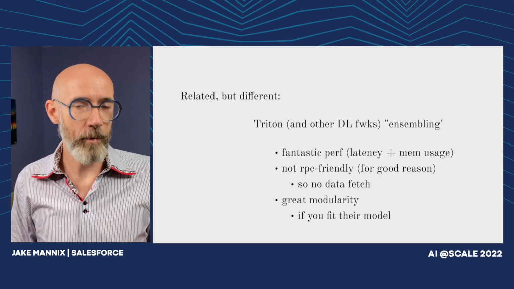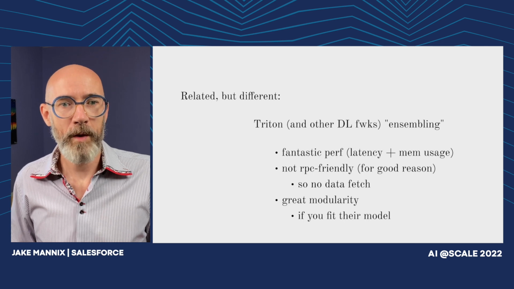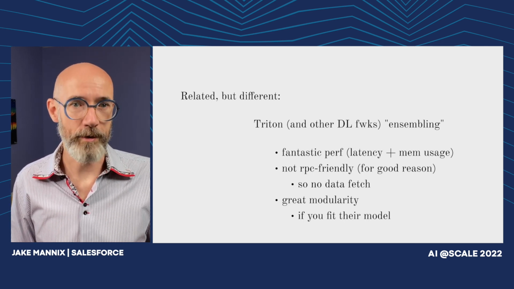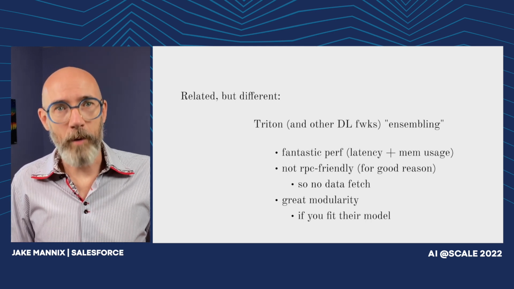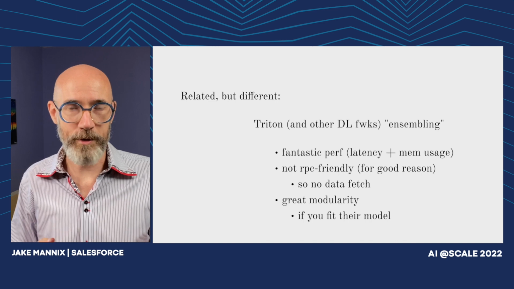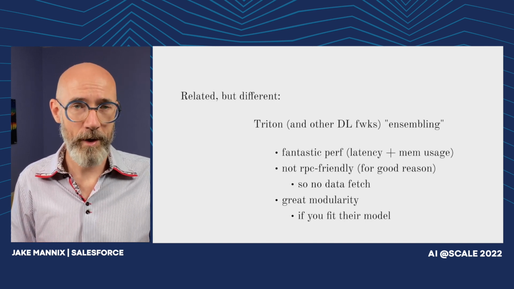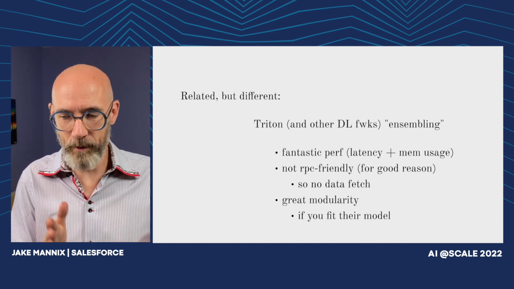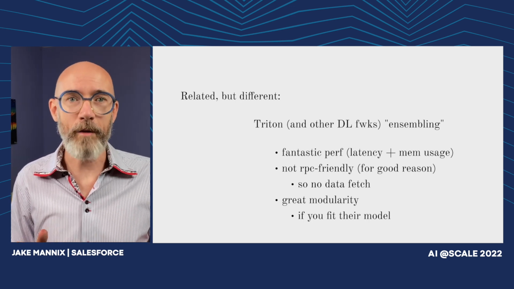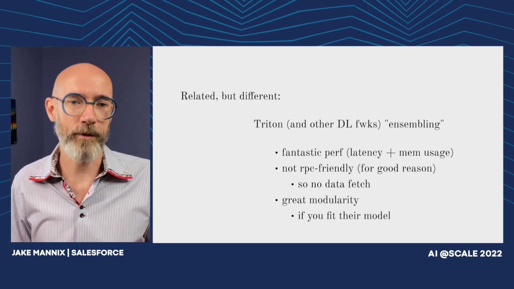These have fantastic performance from the benchmarking I've seen, at latency, throughput, and memory usage. But they're not very RPC friendly, for good reason. You're not trying to call out to another service in the middle of passing compute through a GPU layer. So you don't do any data fetch in model ensembling.